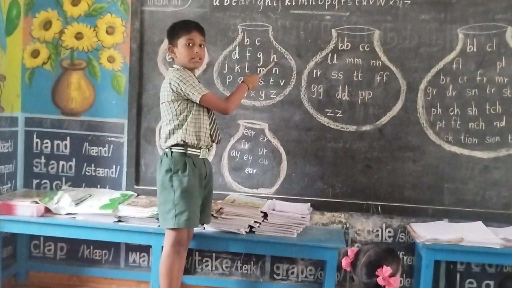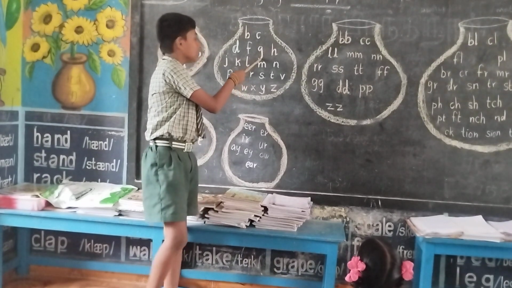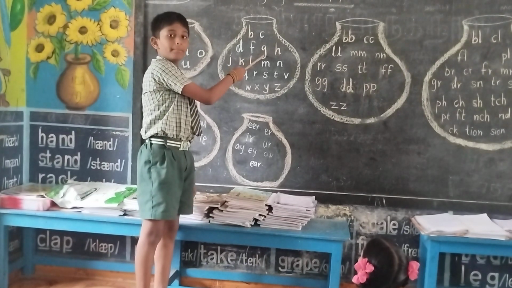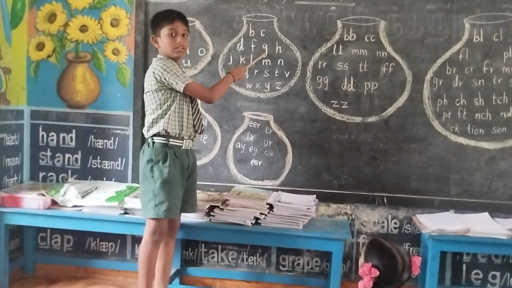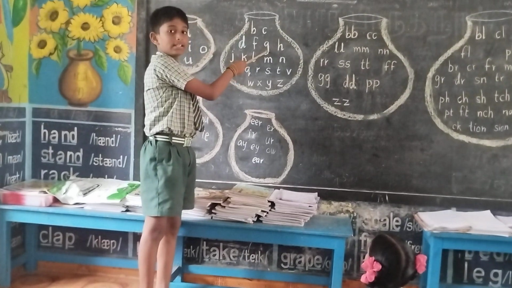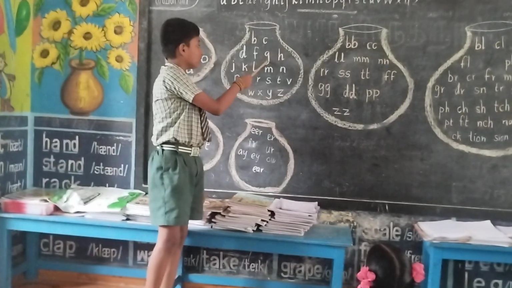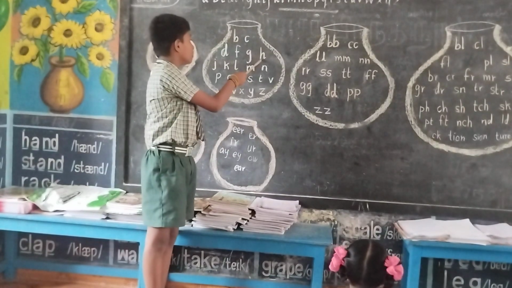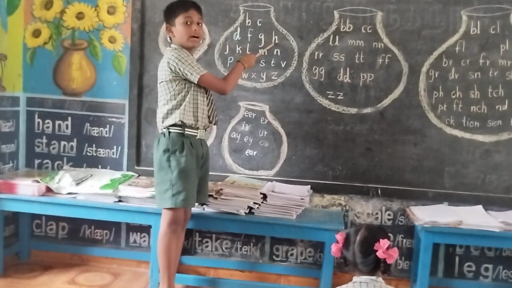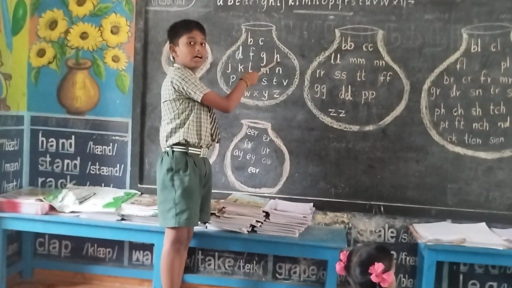Say the letter sound G. Egg. Give an example. For example, giraffe. Egg sound. Gale, gate, god. Good. Next. The letter H. For example, hat, horse.